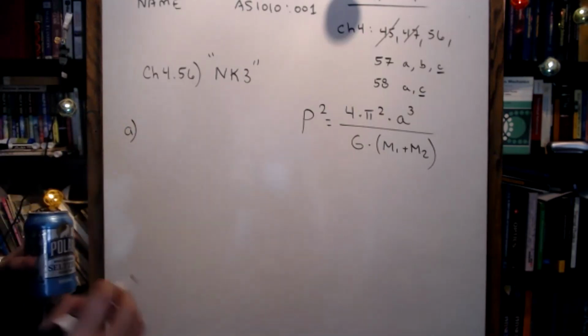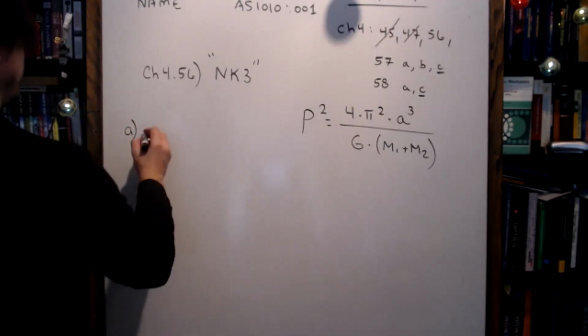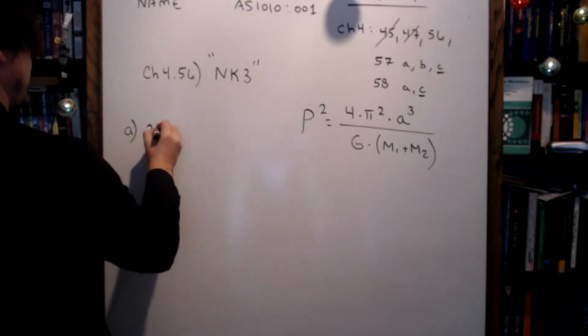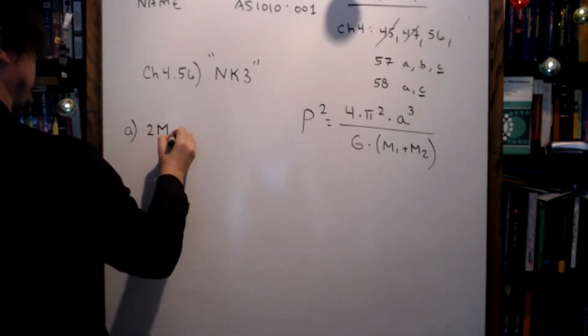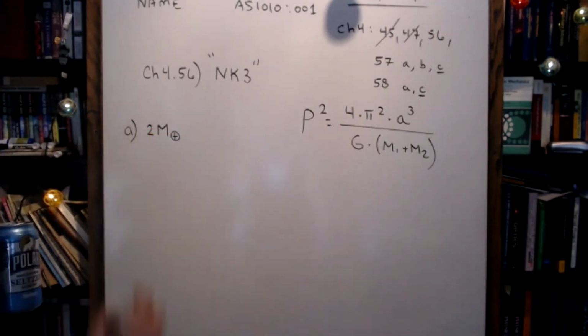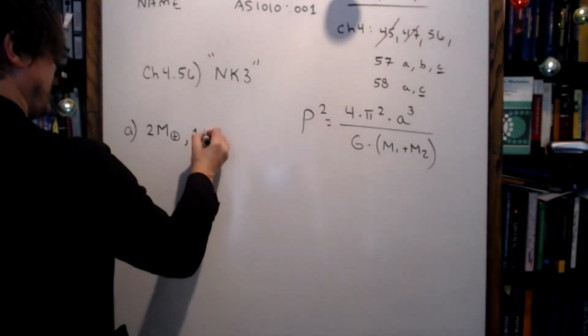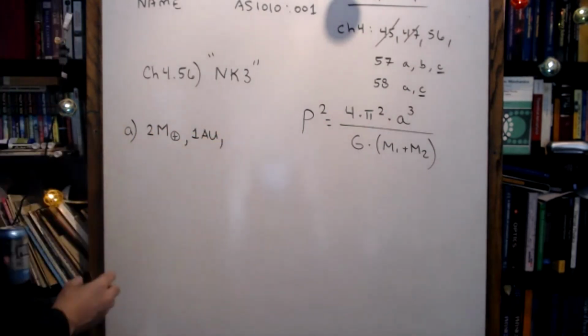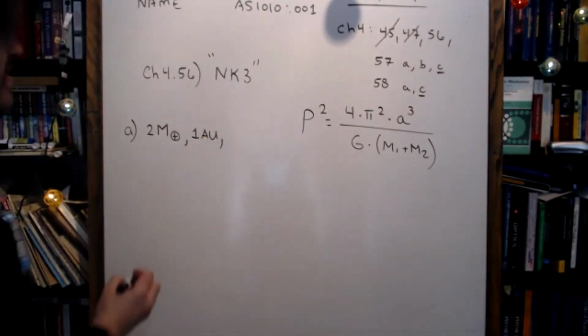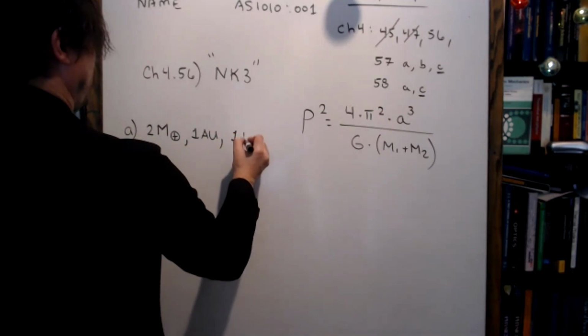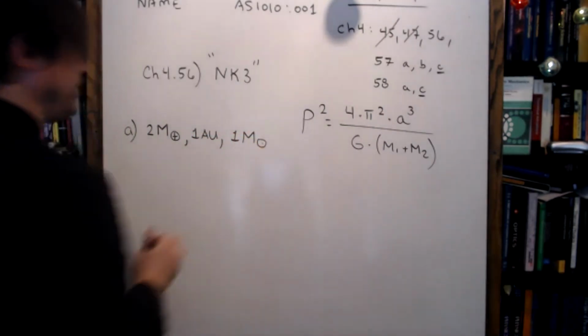So it was a planet with twice the mass of Earth, so I'm going to write 2 Earth masses. You said the distance was 1 astronomical unit, and it was the same mass as the sun, so 1 times the mass of the sun.